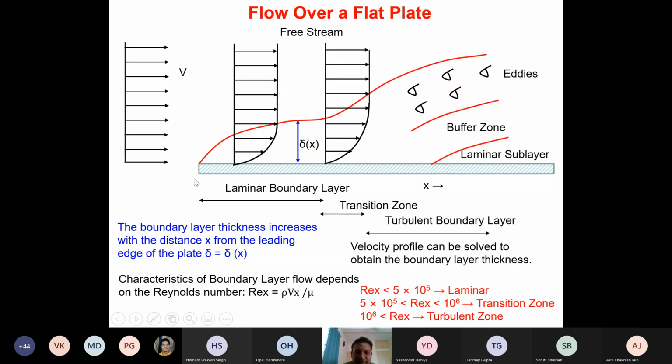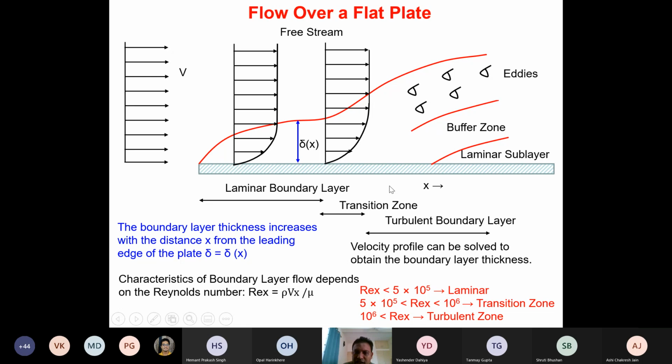As we move along the x direction from the leading edge, the thickness of the boundary layer increases. Here the thickness of the boundary layer is 0. As we move along the x direction, my thickness delta x is going to increase. Initially my boundary layer stays in a laminar region. Up to this there is a laminar region.